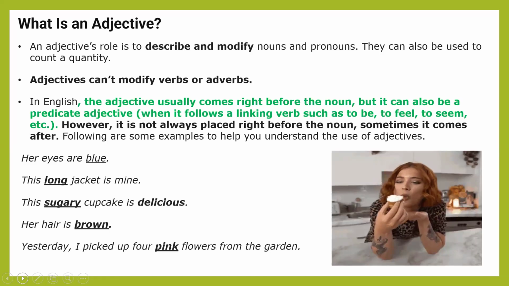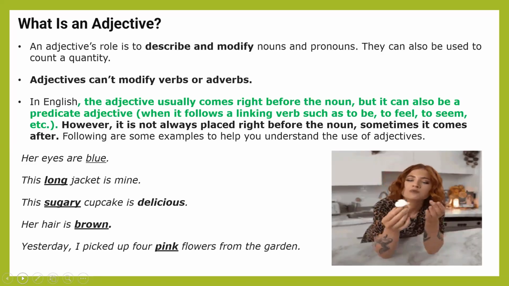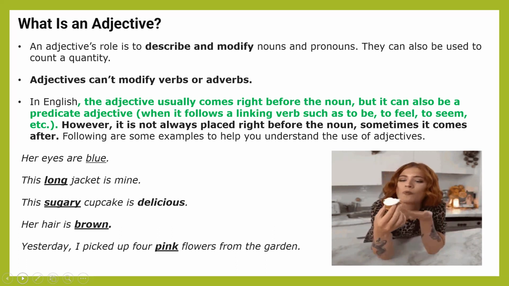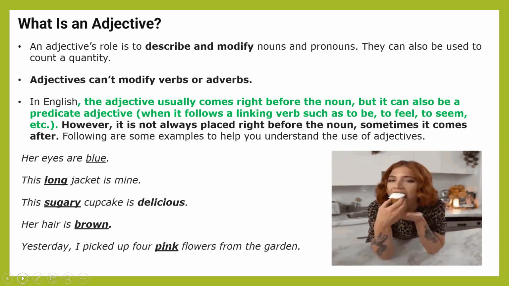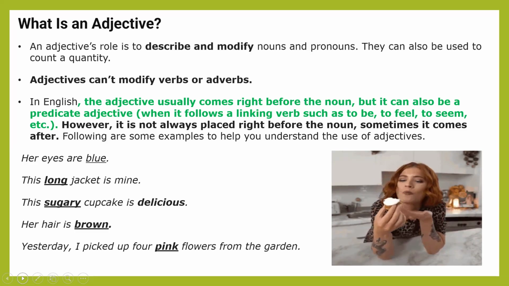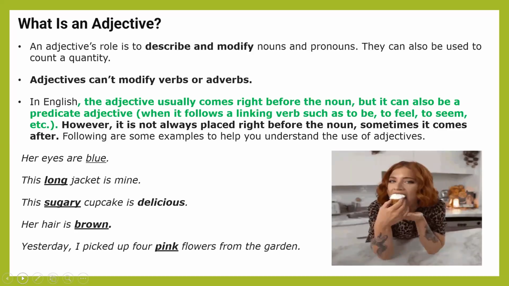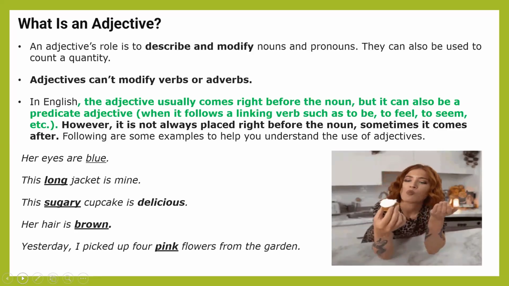It means it follows a linking verb such as to be, to feel, to seem, etc. However, it is not always placed right before the noun. Sometimes it comes after. Points to be noted: it is not that an adjective is always kept right before the noun. Sometimes it comes after the noun.